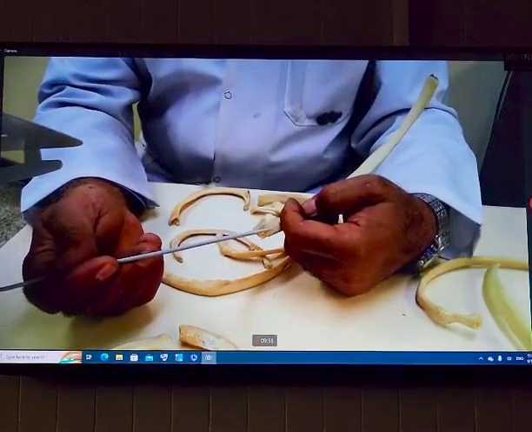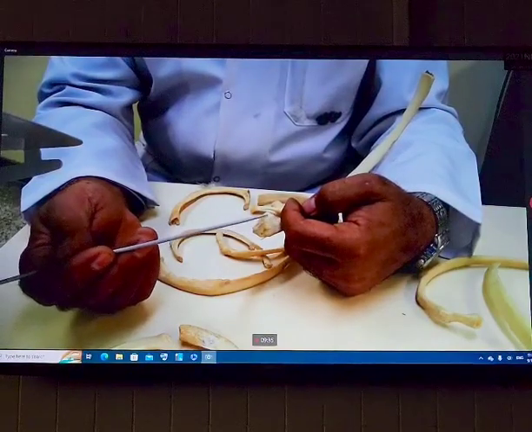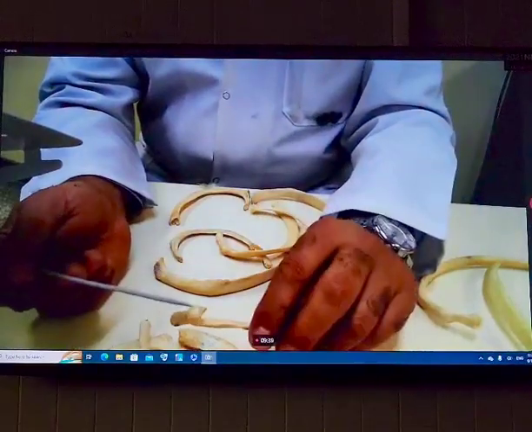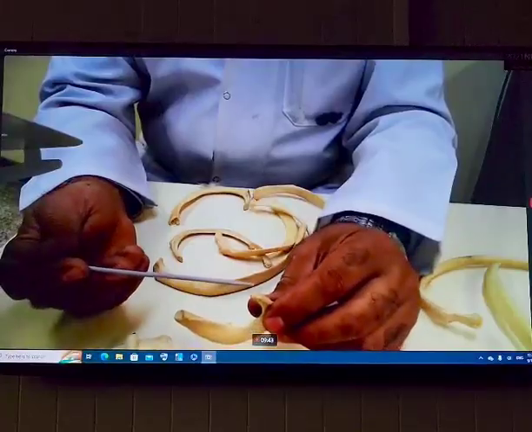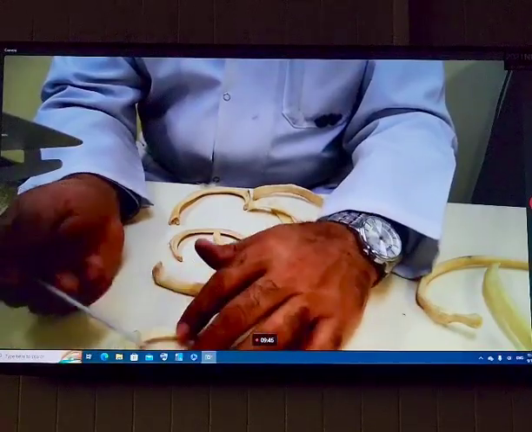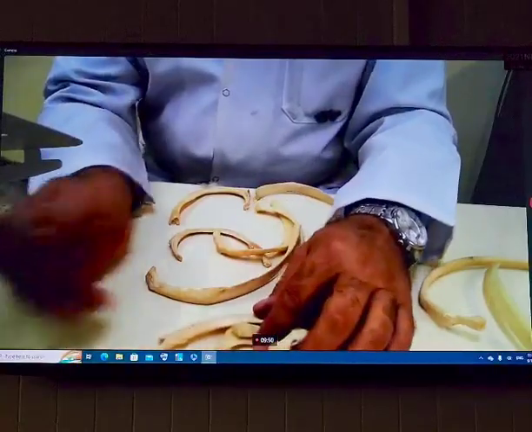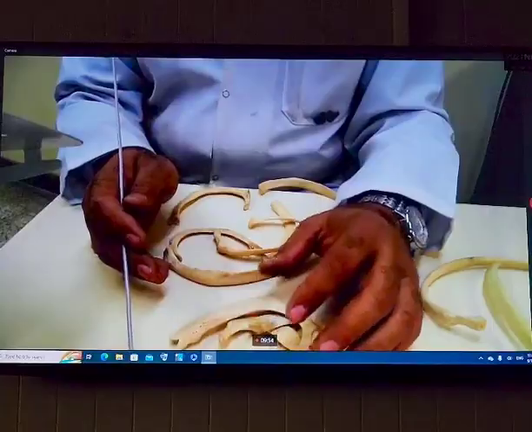You can see these are two facets on the typical rib head separated by a crest, while on the atypical first rib you have only one facet. So please try to examine the first rib also at the end of the session.